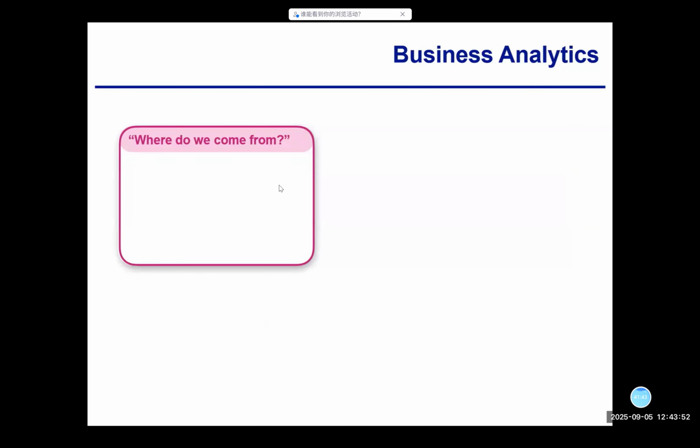So that's why I'm using the analogy of the 3 fundamental philosophical questions to help you better understand what business analytics is by decomposing it into 3 components. So the first component is where do we come from? If you think about the starting point of business analytics, it all started when we began to collect data.